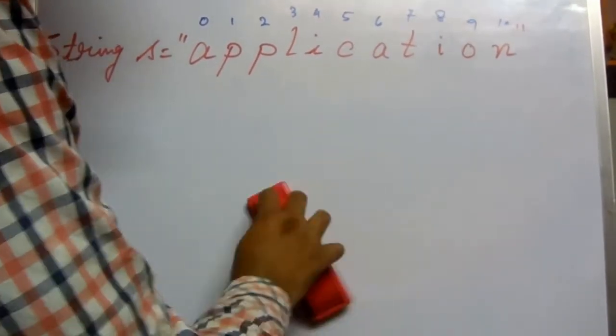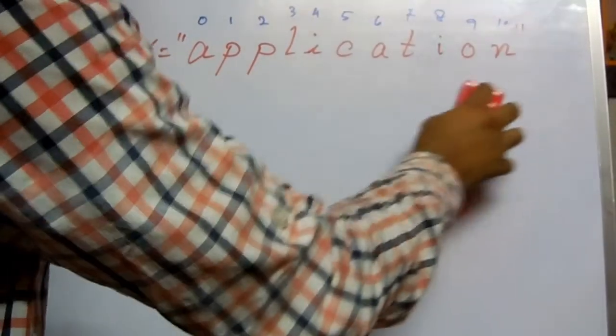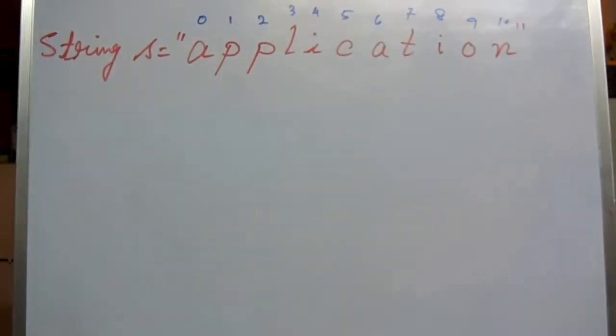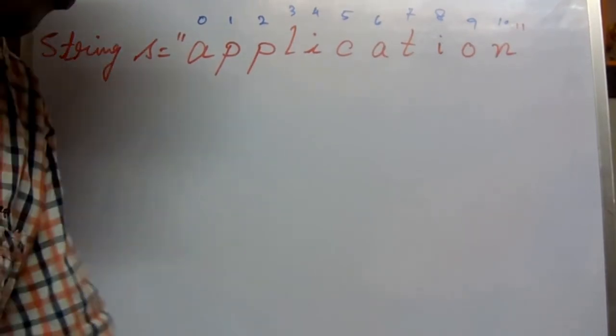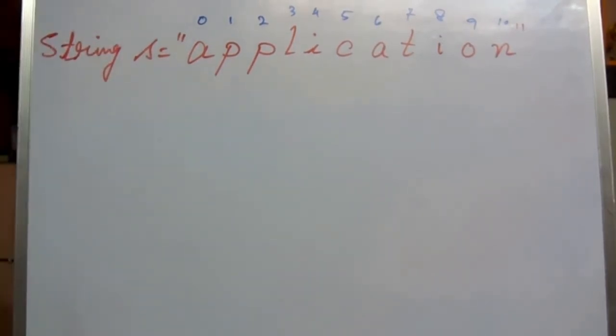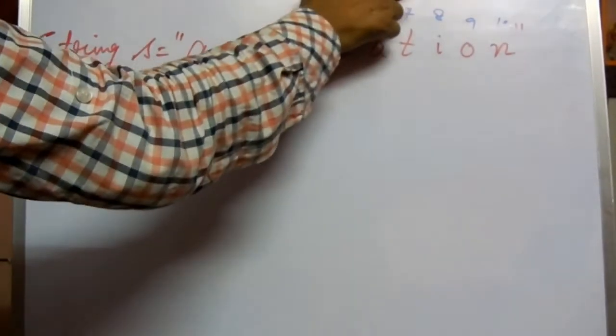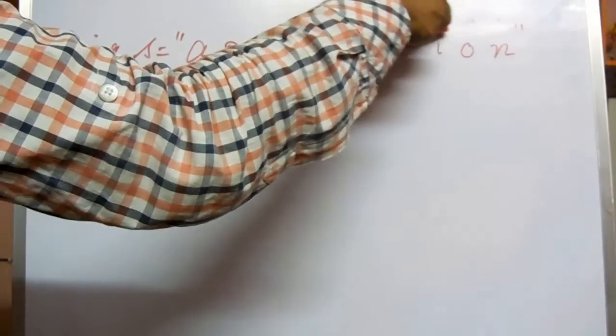toUpperCase and toLowerCase. These two methods are very simple. From the name you can easily understand that here the index value is not required.